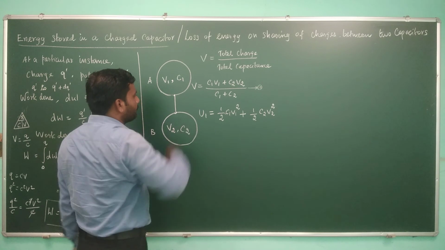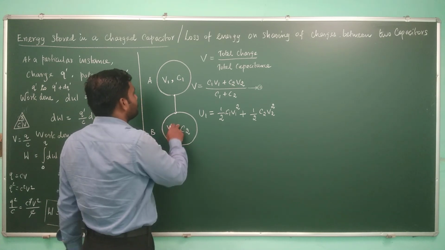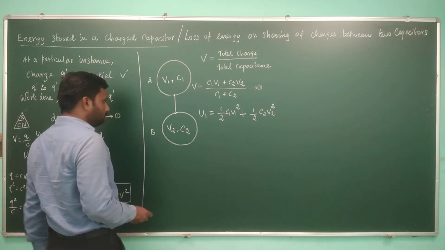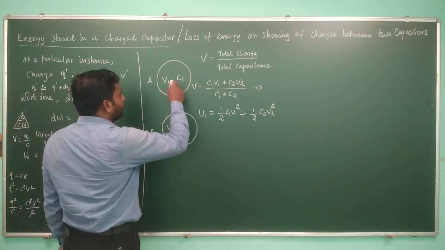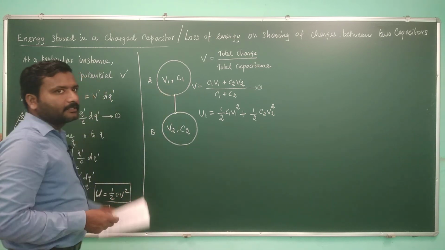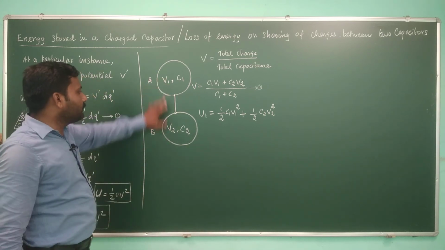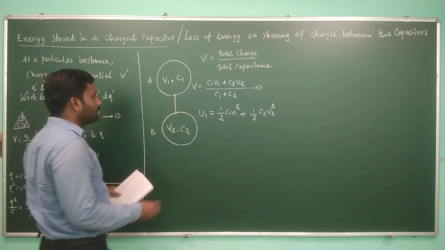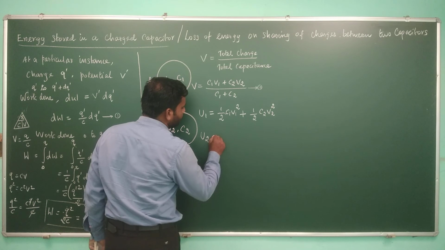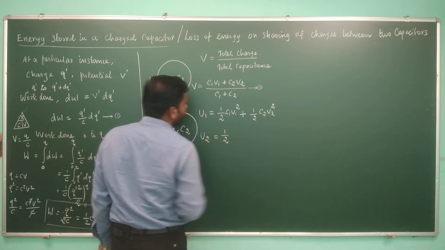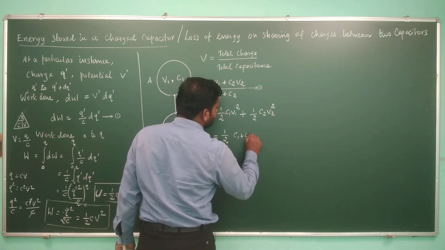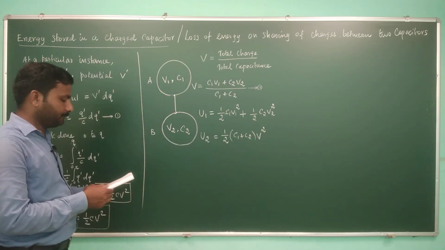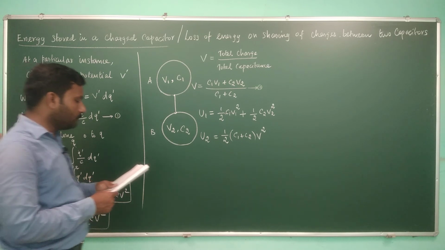And what is the potential energy when these two capacitors are in contact? When these two capacitors are joined together, V1 and V2 become V, and we need to make the sum of these two in order to get U2. So U2 becomes 1 by 2 C1 plus C2 into V square.